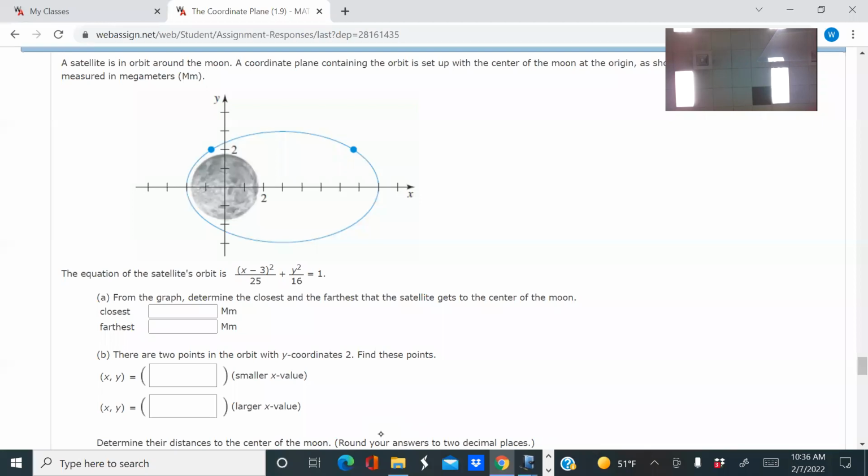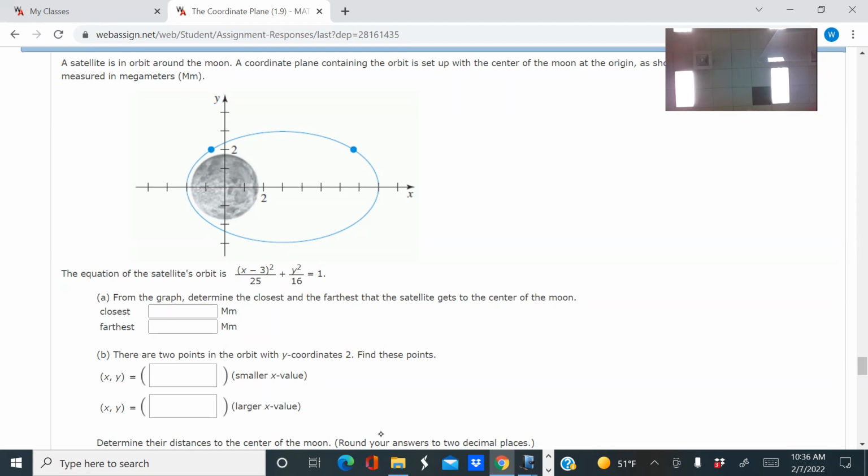Now, this is a similar situation. It's very similar to finding the intercepts. Here they're saying there are 2 points on the orbit that have y coordinate 2. They've sort of drawn them for us there, right? So there's y equals 2.